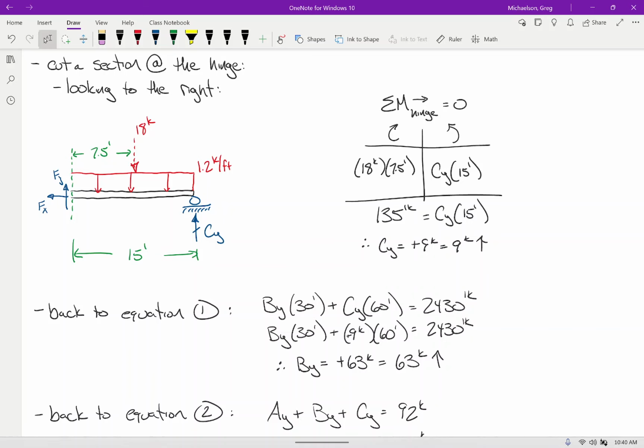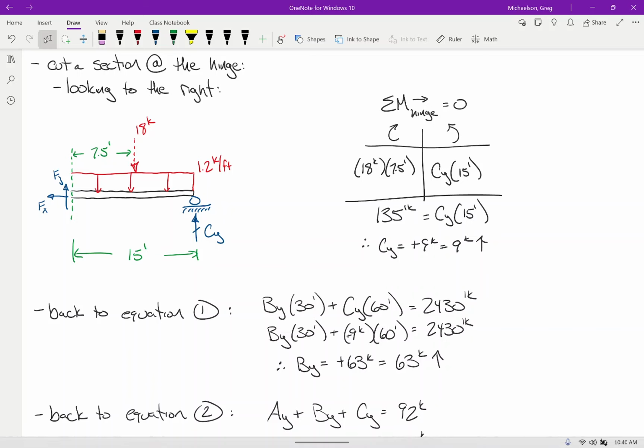The total sum of moments is 0, and I'm allowed to sum moments at the hinge because the hinge carries no internal moment. The moment that I'm applying has to be counteracted by the moment that he's generating, just in that one piece.